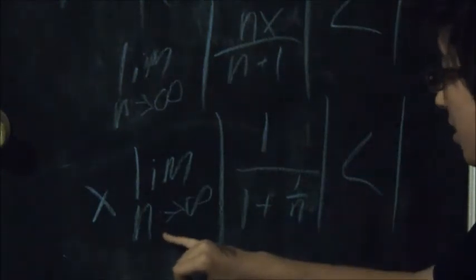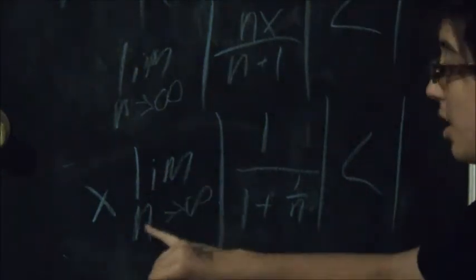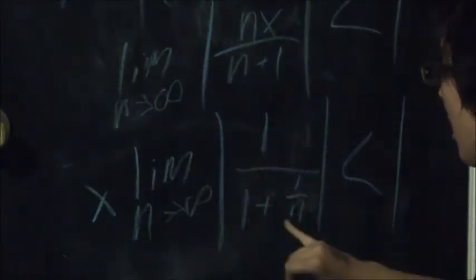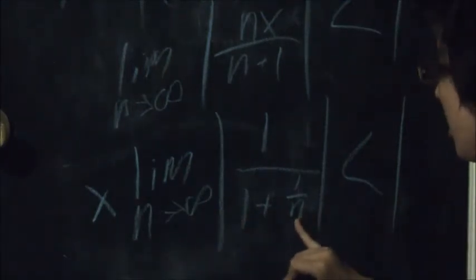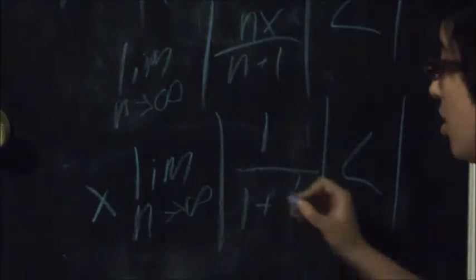And as n approaches infinity, 1 over infinity is 0. So this just ends up being 1 over 1. So what we're really looking at here is x is less than 1.